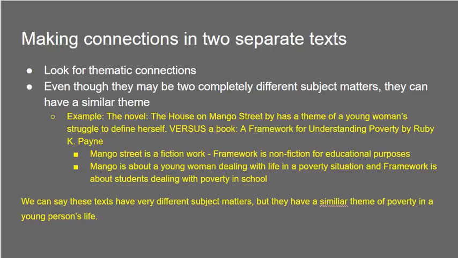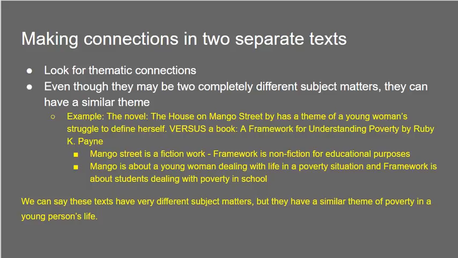If we read this nonfiction book, A Framework for Understanding Poverty, and it gave us a better understanding of what it was like for somebody who lives in an impoverished neighborhood or situation, would that change the way you look at the book, The House on Mango Street? It would. They have very different subject matters, but they have a similar theme of poverty in a young person's life. So even though they are completely separate texts and seemingly two completely separate ideas, they actually have a connection.